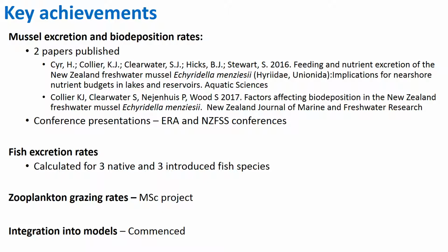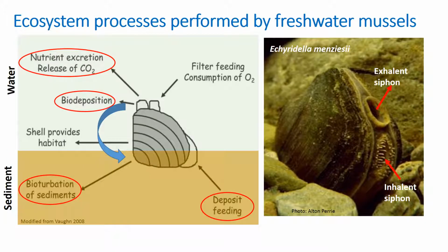In terms of the fish excretion rates, Brendan's had a couple of summer students involved, and they've been calculating excretion rates of phosphorus and ammonia and nitrogen for 3 native and 3 introduced fish species. We have a zooplankton grazing rate project on the books, and the modelling work has been started by Matt Allen in association with work in another project.